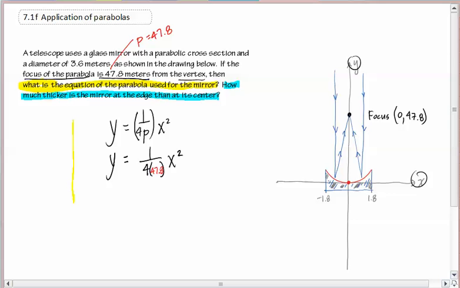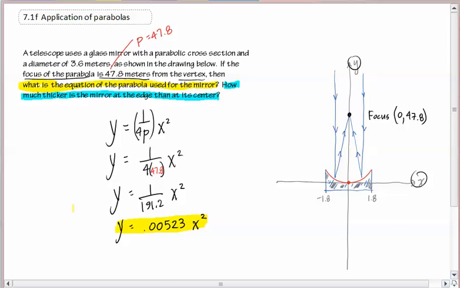So we get y is equal to, and multiplying that together, I get 1 over 191.2 x squared. Or, if you want to put it in decimal form, it is this. So there's the equation of the parabola used in the mirror.